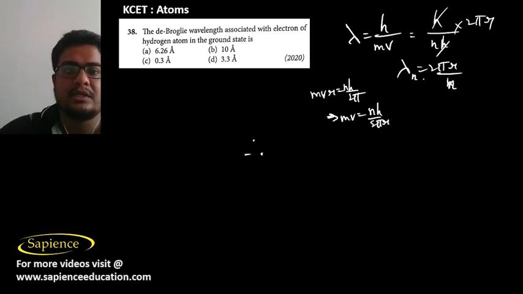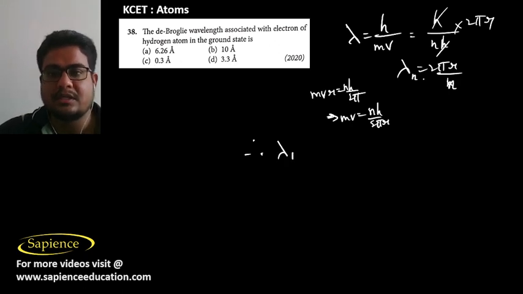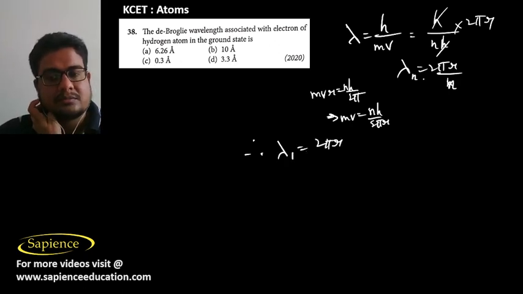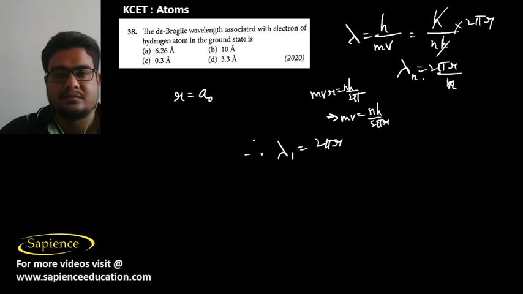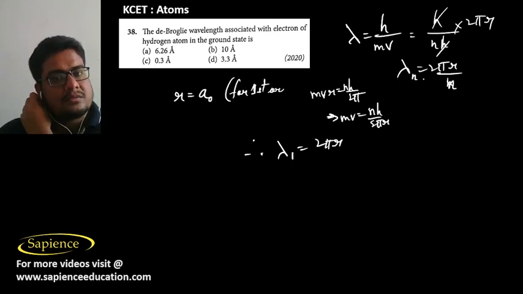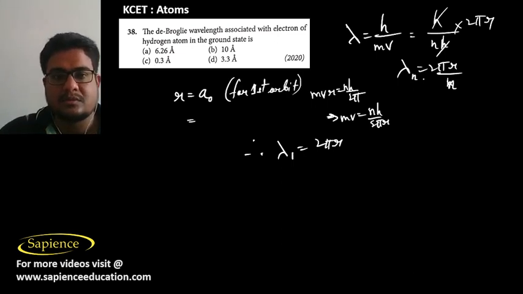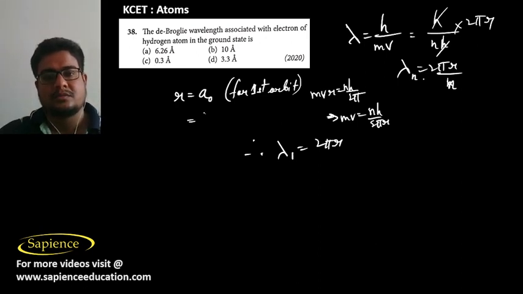Now, here it is asked to find the de Broglie wavelength for the ground state. So that is lambda 1, that is equal to 2 pi r. And the radius of the first orbit, that is a naught, is 0.53 Angstrom.